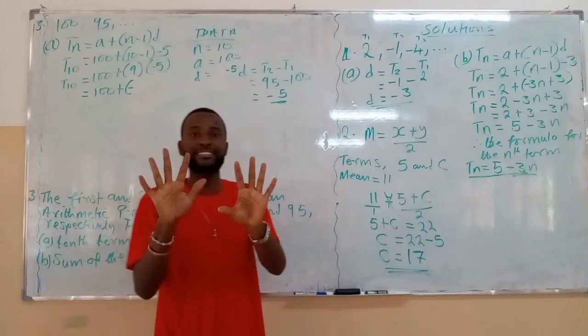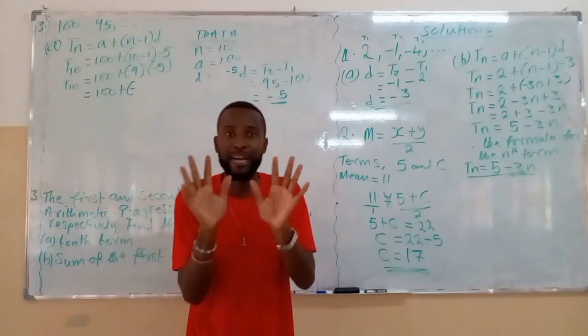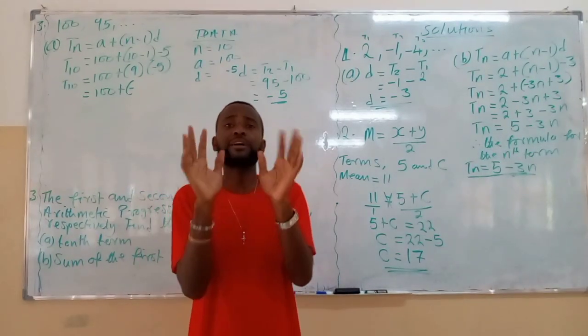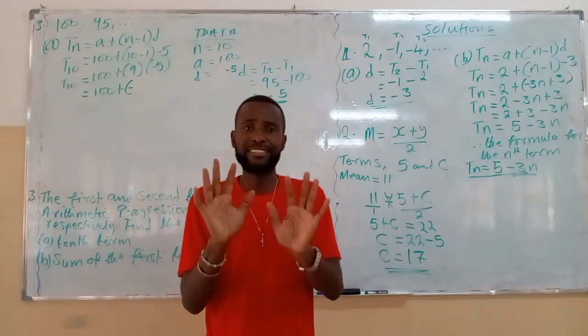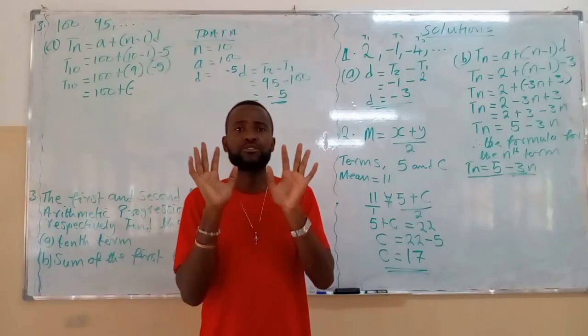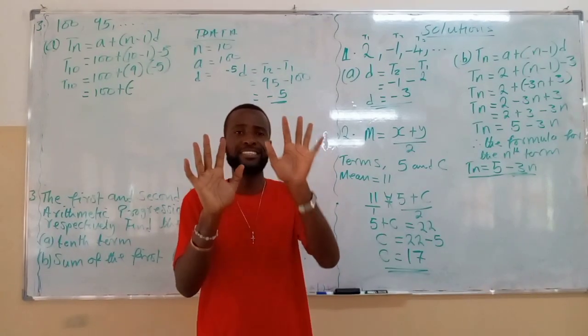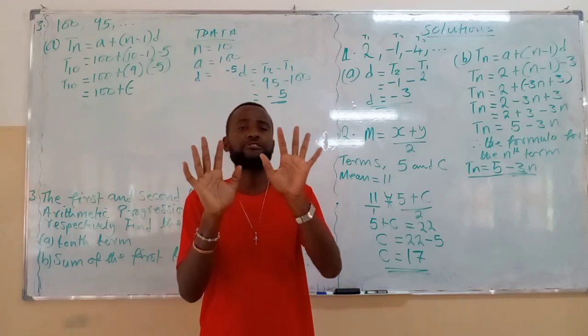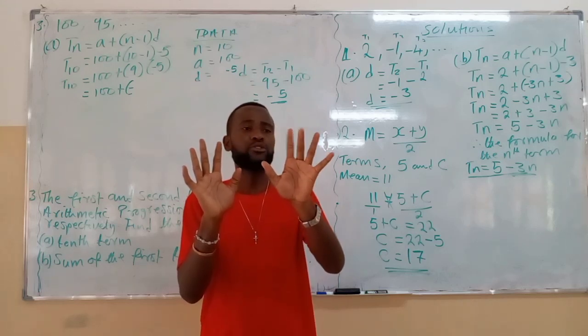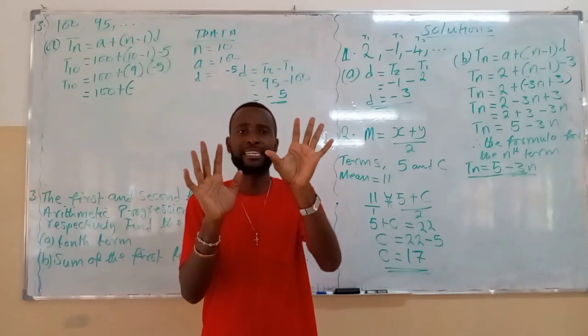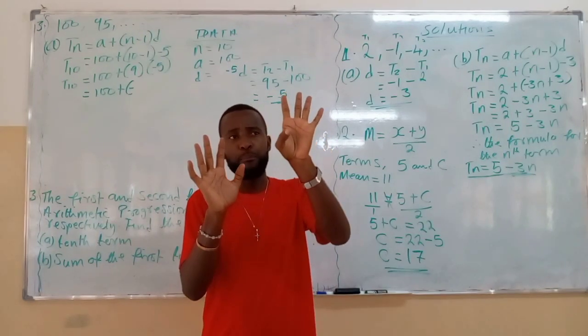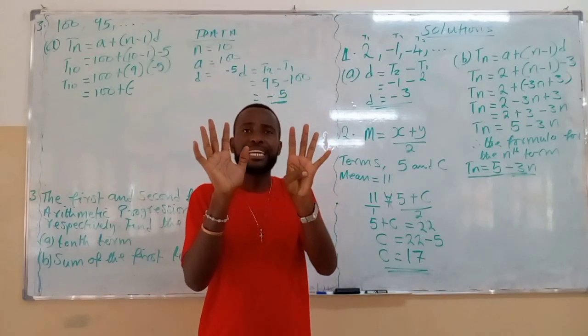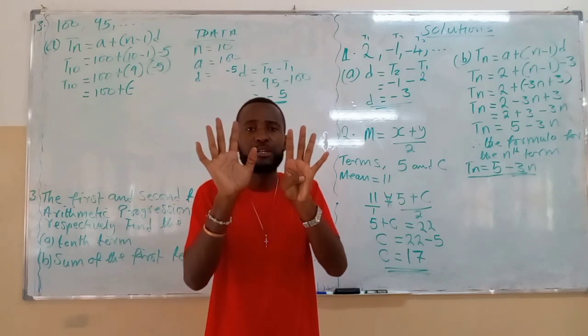Use your 10 fingers. Remember I told you in my first video to use whatever God has given you to get the correct answer. So what is 9 times 5? Start from your left hand and count 5 fingers. 1, 2, 3, 4, 5. The fifth finger, put it down and pretend as if there is a gap in between here.